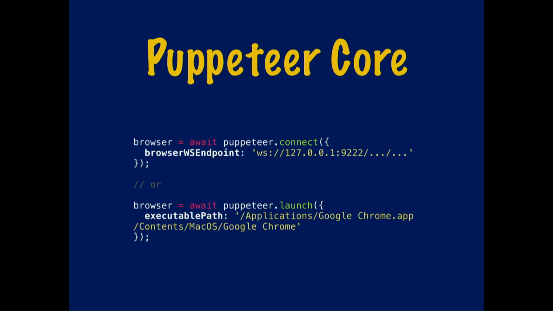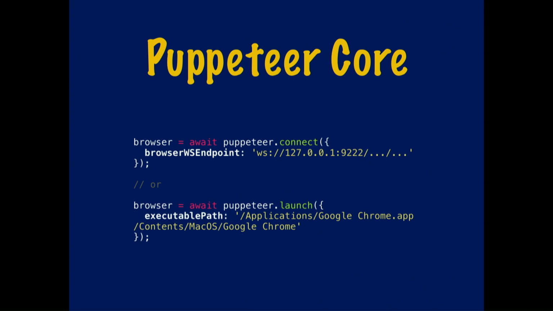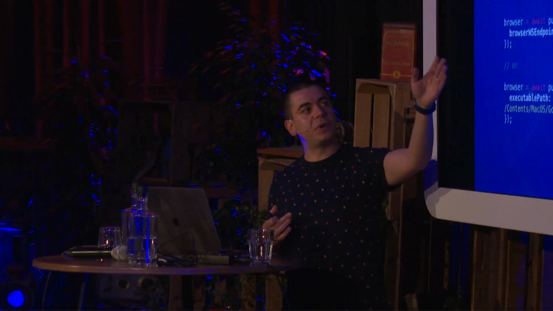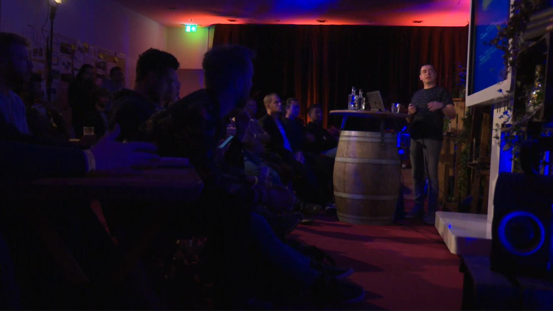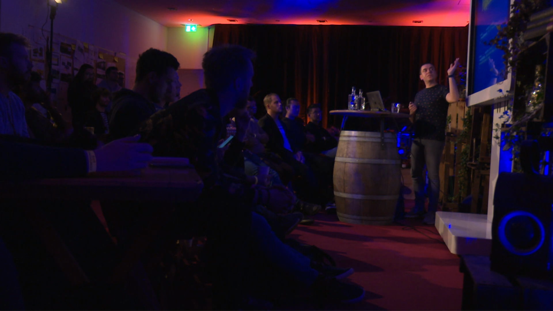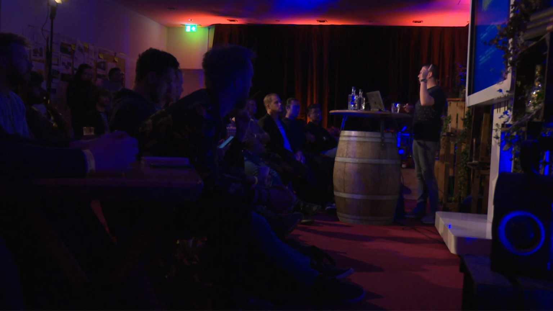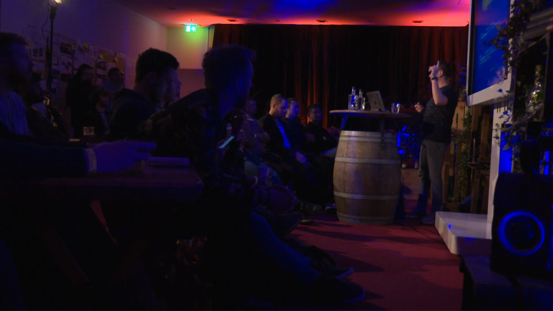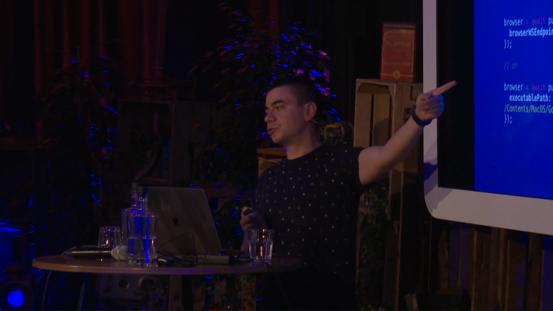And the way you use Puppeteer Core, because it doesn't have the browser, it will not actually work for you unless you do these things. One of them is not launching, but actually connecting to a launched instance via Puppeteer by calling puppeteer.connect. The WebSocket endpoint that I pointed out in the API of the debuggable launch is actually used here.